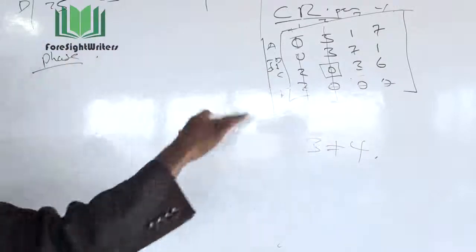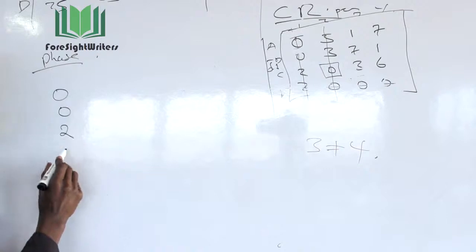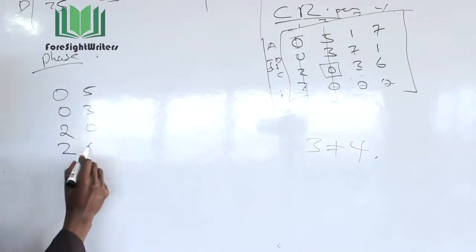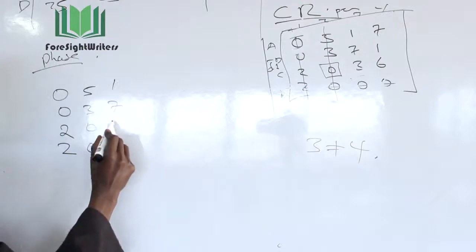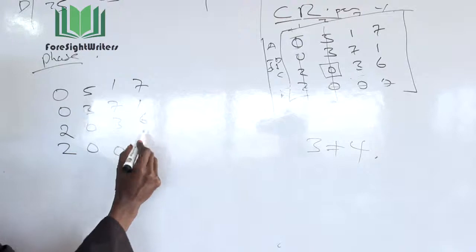So we now rewrite the matrix again. We have 0, 0, 2, 2, 5, 3, 0, 0, 1, 7, 3, 0, then 7, 1, 6, 0.